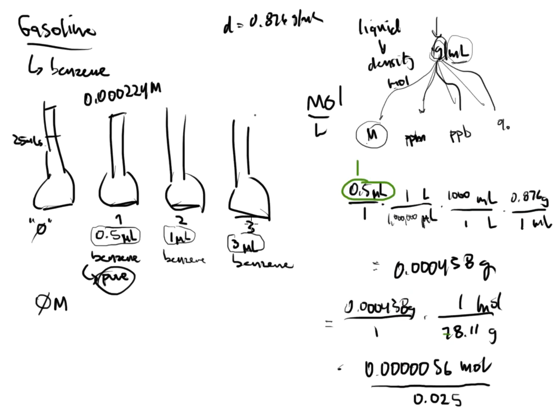And then I would do the same thing with number 3. I've added 3 microliters of a pure benzene sample. So I would put a 3 into this space, divided by 1,000,000 times 1,000 times 0.876, divided by 78.11, and then divided by 0.025. And that will give me the concentration and molarity for spot number 2 and spot number 3.